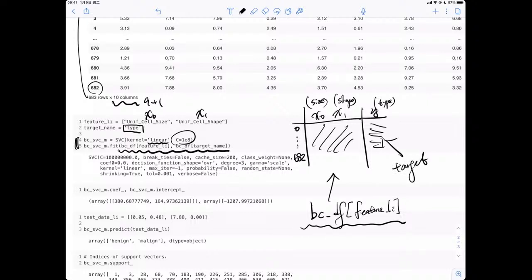And I simply input those features, those targets, to this algorithm, this function, and suddenly they tell us here is the coefficient and the intercept of the support vector machine. So here that is W, and B is right here.